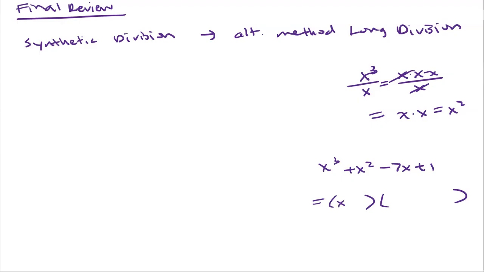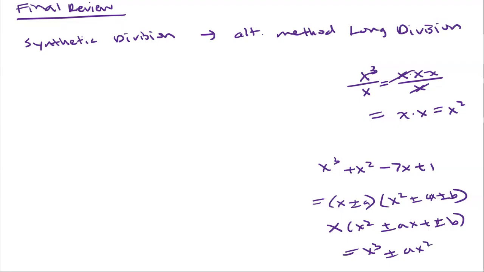So it'll be like x plus or minus some number a, and then x squared plus or minus ax plus or minus b. It'll be in this format because when you multiply x times x squared plus or minus ax plus or minus b, you will get x cubed. You get back to what you have originally when you multiply this out.